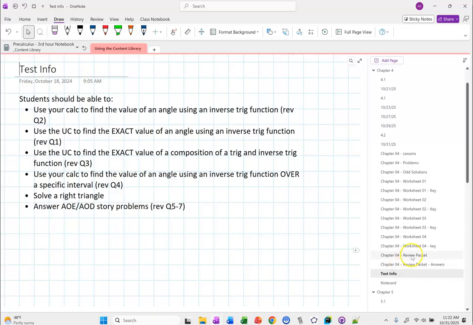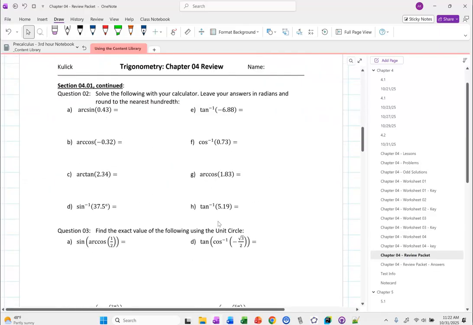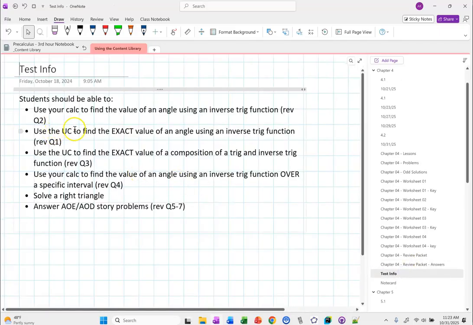I have in parentheses review question 2 from the review. Okay, so question 2 is right here. You should be able to use the unit circle to find the exact value of an angle using an inverse trig function, like we did on review question 1.